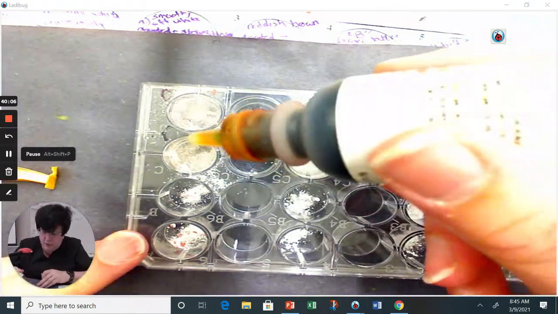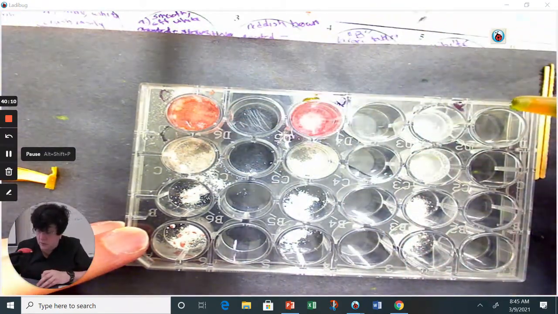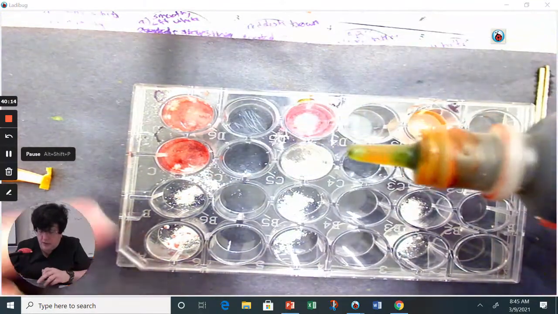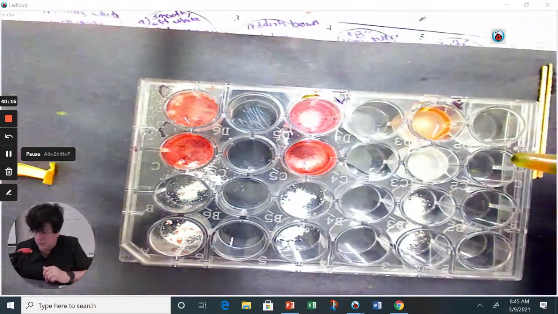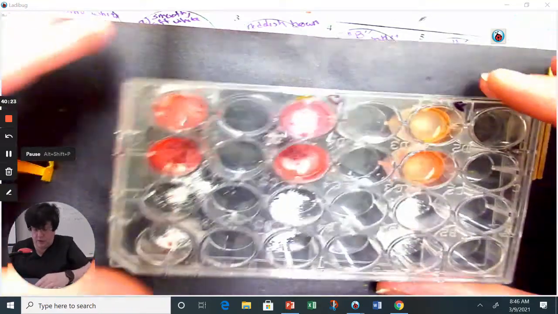Put the indicator in. I'm going to put in this one. I'm going to do both so I can see if I don't have something contaminated, like there's something in that well. It's a problem with reusing the well plates.